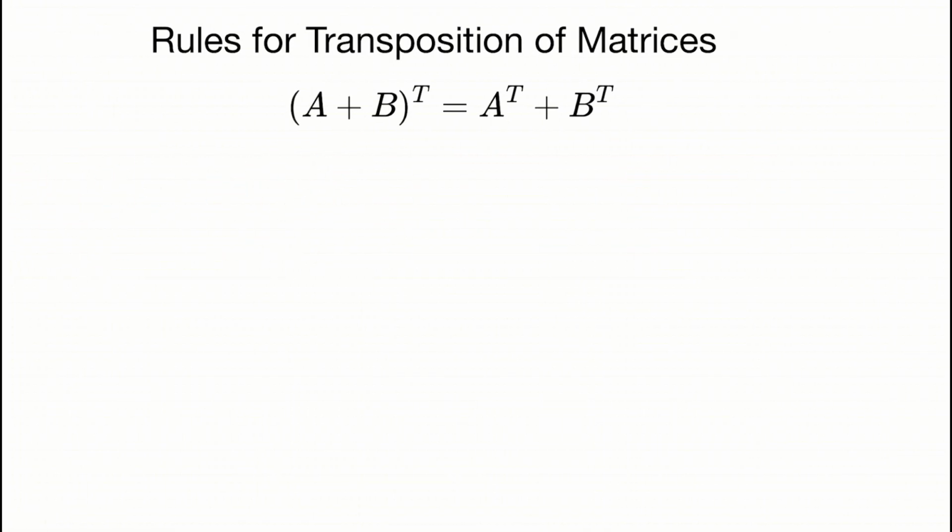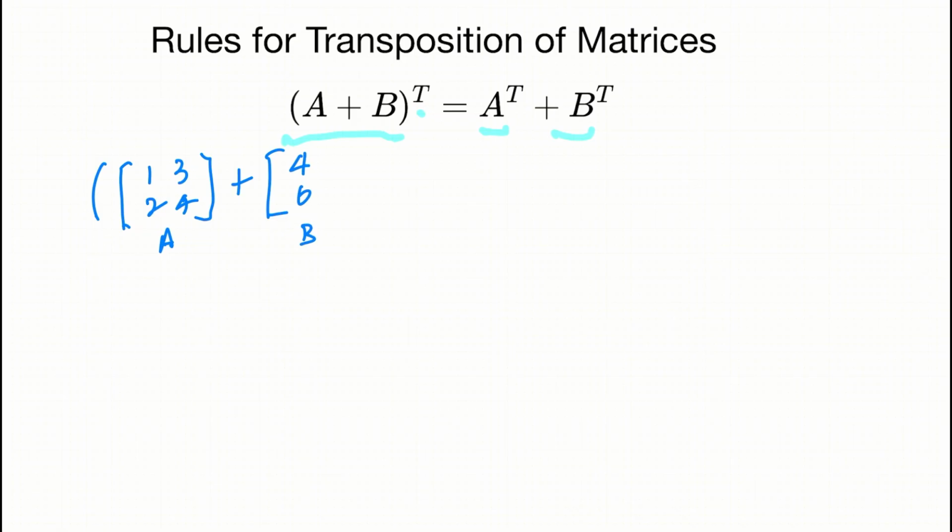Now another rule we can have is that the sum of two matrices added together, then transposed, is equal to the sum of the individual transposes. So let's do an example to illustrate that. First of all, let's take A, which is going to be 1, 2, 3, 4, and we're going to add it to matrix B, 4, 6, 5, 9.